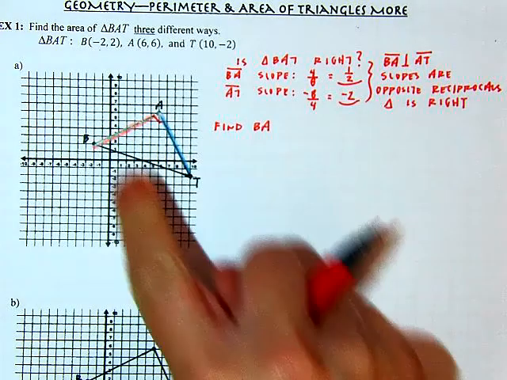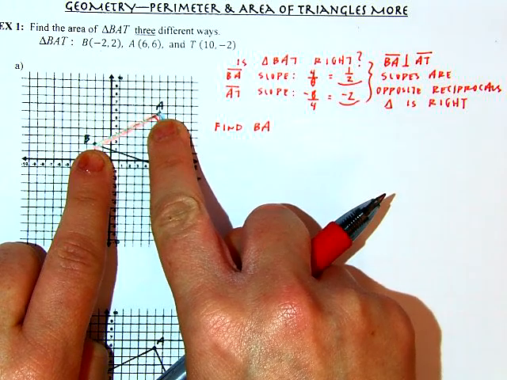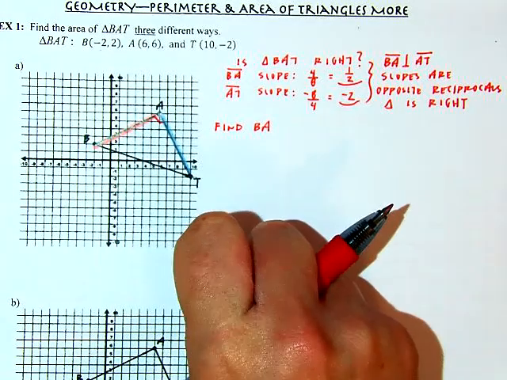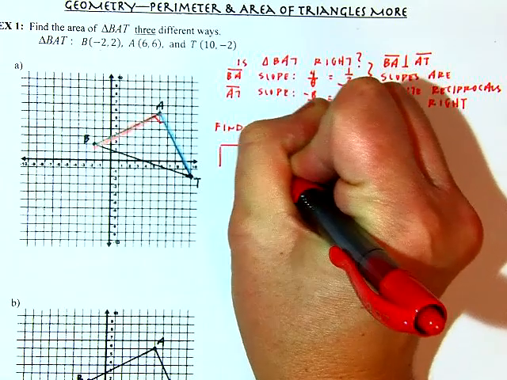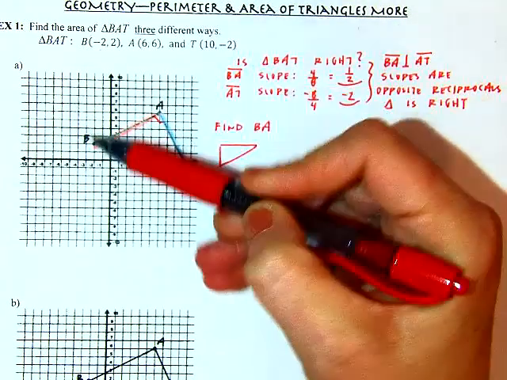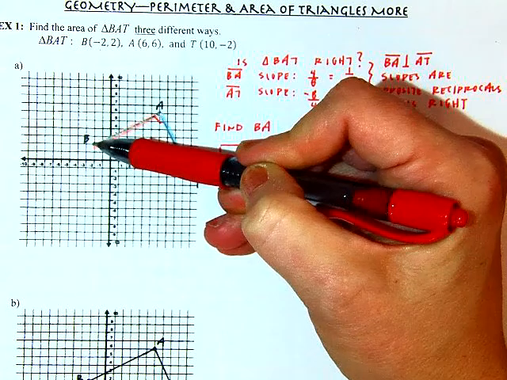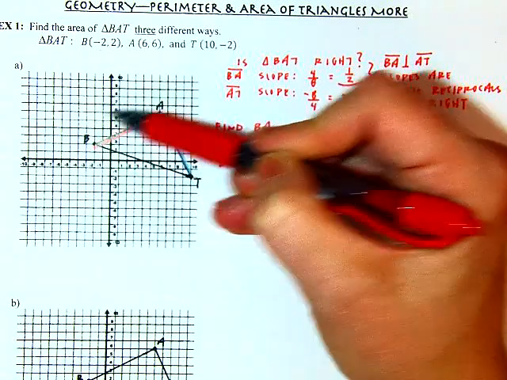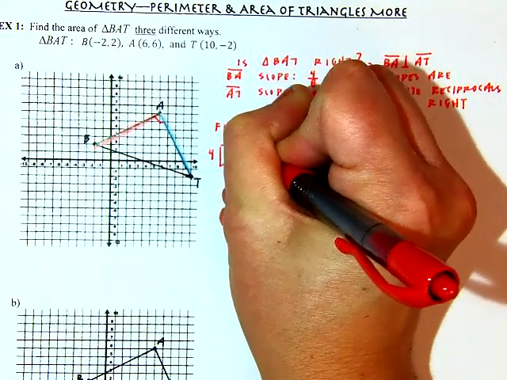All right, so if I look at BA, I could use the distance formula and use these endpoints. That's fine. Or you can do the shortcut that I've been taking you on for quite a while now. So I'm going to visualize this right triangle, right? So I'm looking at this right triangle right here, and I'm trying to solve for its hypotenuse. So the vertical span here is 4, horizontal is 8. We solved that by doing the slope.